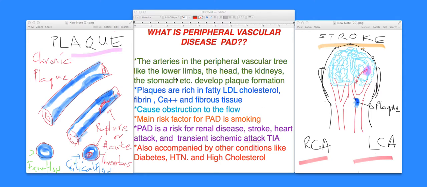So arteries in the peripheral vascular tree, like the lower limbs, the head, the kidneys, the stomach, when they develop plaque formation, it's called peripheral vascular disease. Now we know plaques, like on this left panel I'm showing you, normally start very early on, in the second decade perhaps, depending upon what one's diet is, what the family history is, what the cholesterol is, is there a history of smoking.